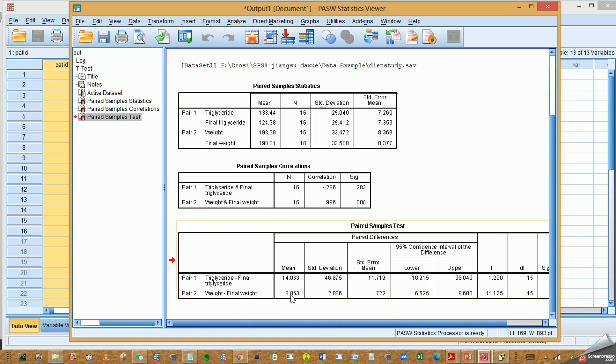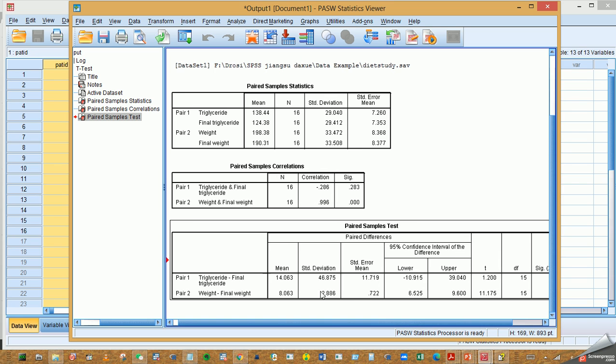This is the second test for the second pair of variables. We can see here the difference is 8, and the significance of the correlation is 0, which tells us that this lowered weight is consistent across subjects.